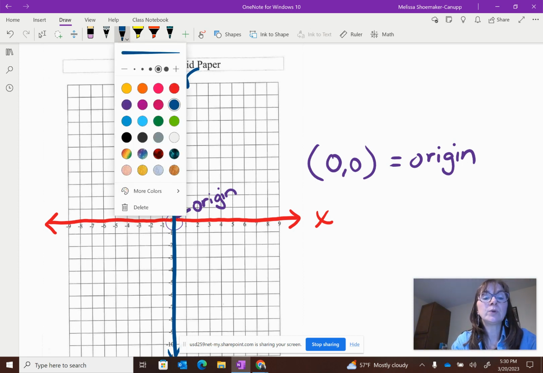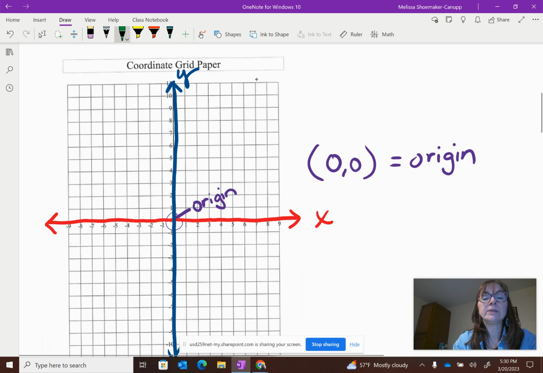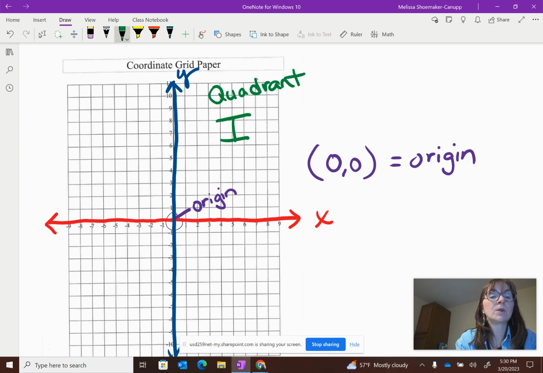The first quadrant, which we use a Roman numeral 1, is right here. Or you might see a Q. This is the second one. It moves counterclockwise. These are Roman numerals.